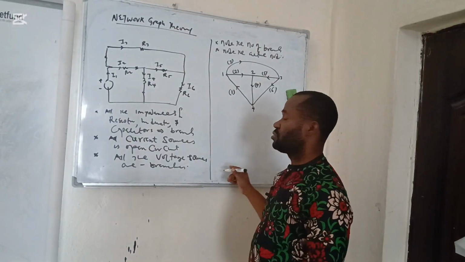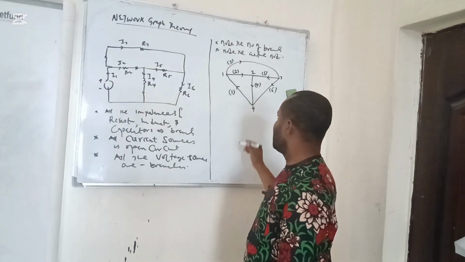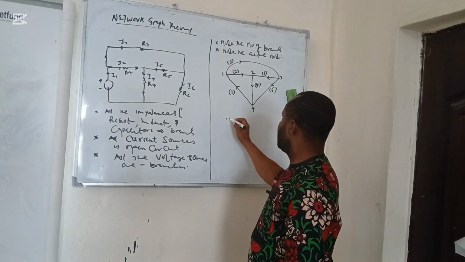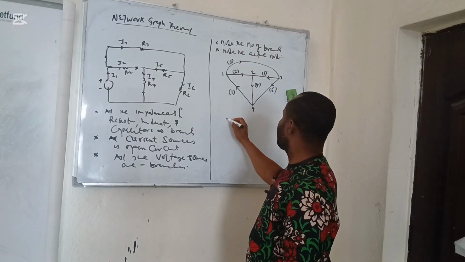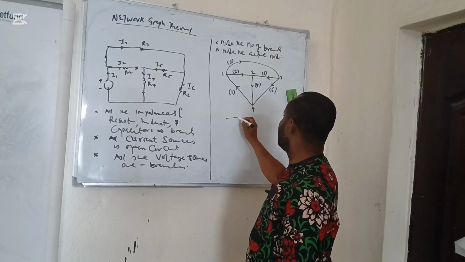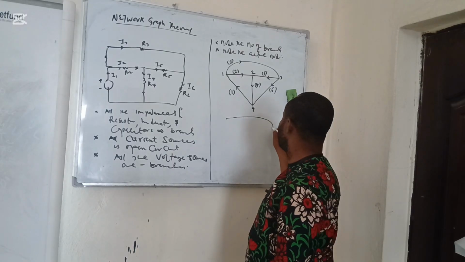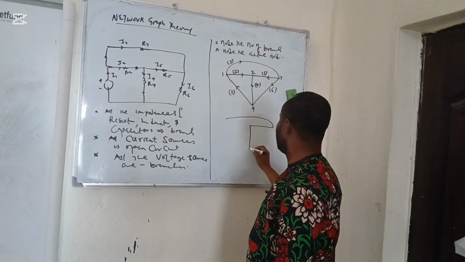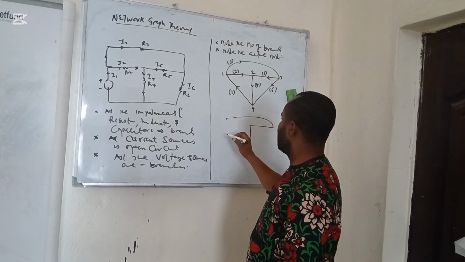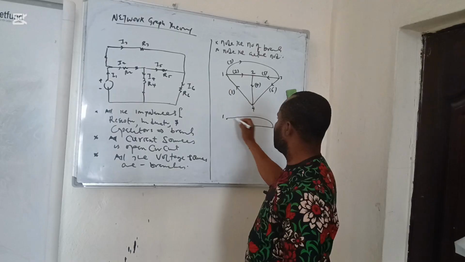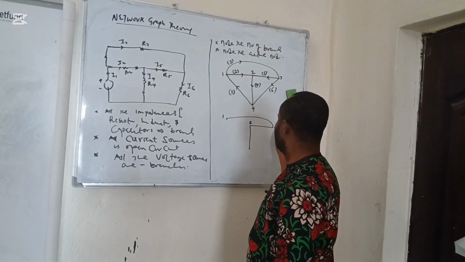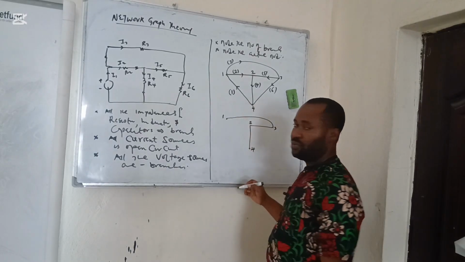A tree must have all the nodes. So we can actually have this. We can have this. We can have this. You can see that we have 1, we have 2, we have 3, and we have 4.